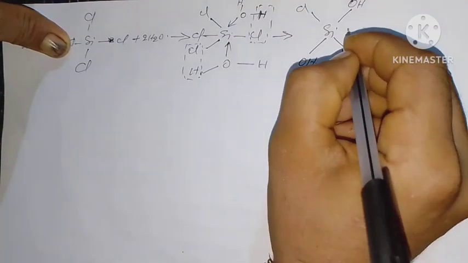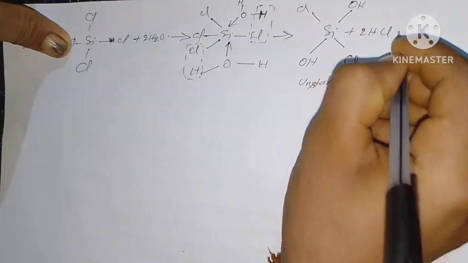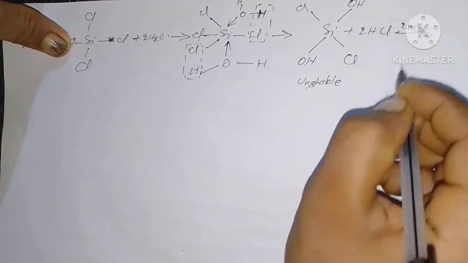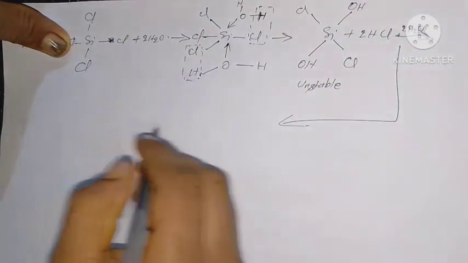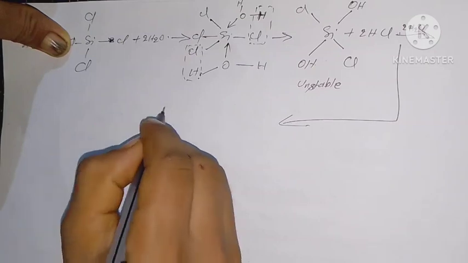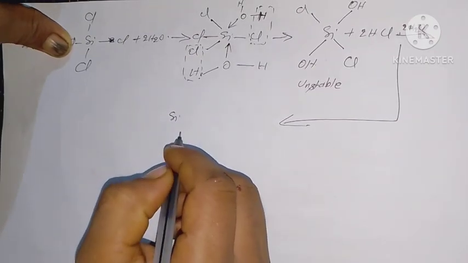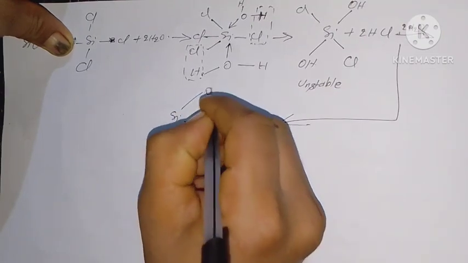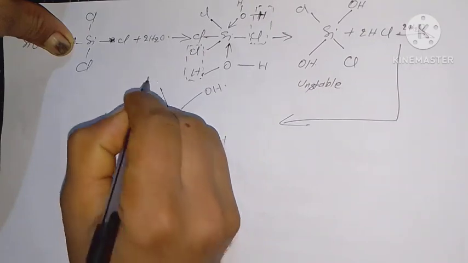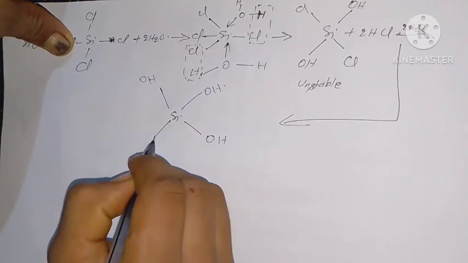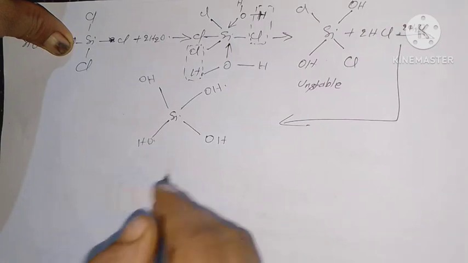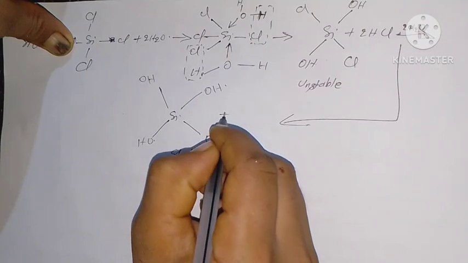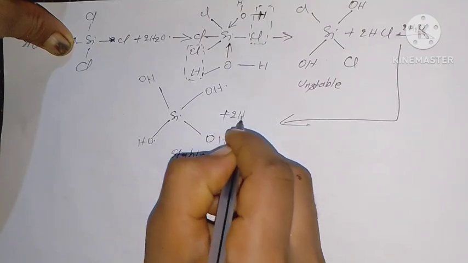The unstable intermediate reacts further in the presence of two molecules of water and makes silicon hydroxide, Si(OH)4, which is stable, plus 2HCl.